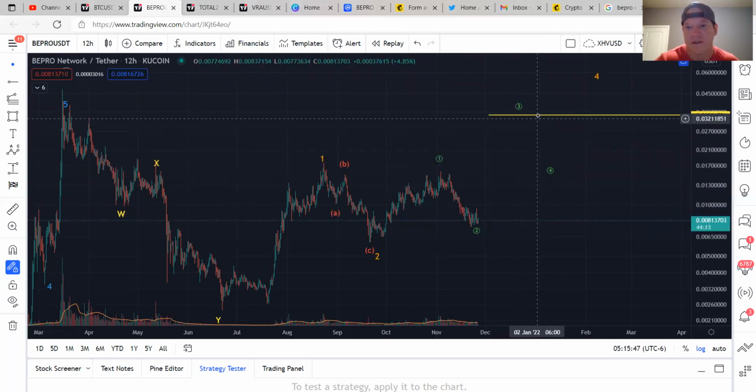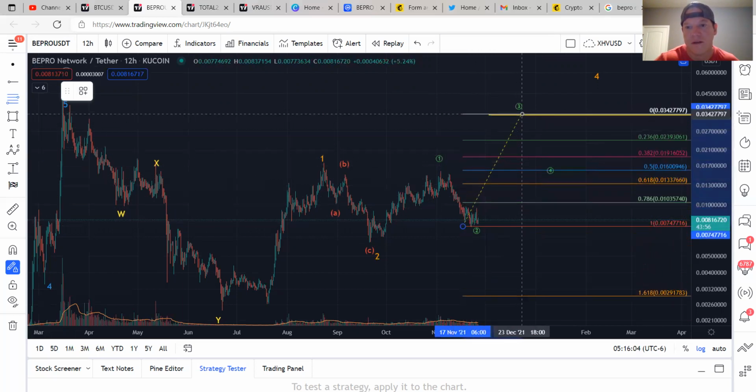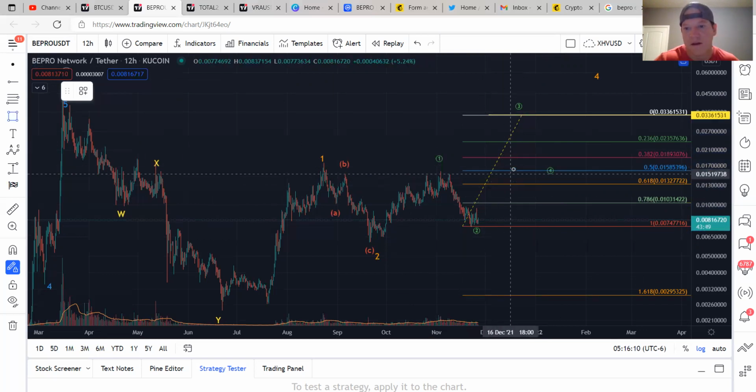Okay, so let's assume that price from here goes to 3 cents. In order to find where that's going to retrace to once it starts topping out, you take your fib retracement tool from the bottom of 2 to the top of where your price topped out at 3, and then you can assume that your price will correct anywhere from 0.382 down to 0.618.